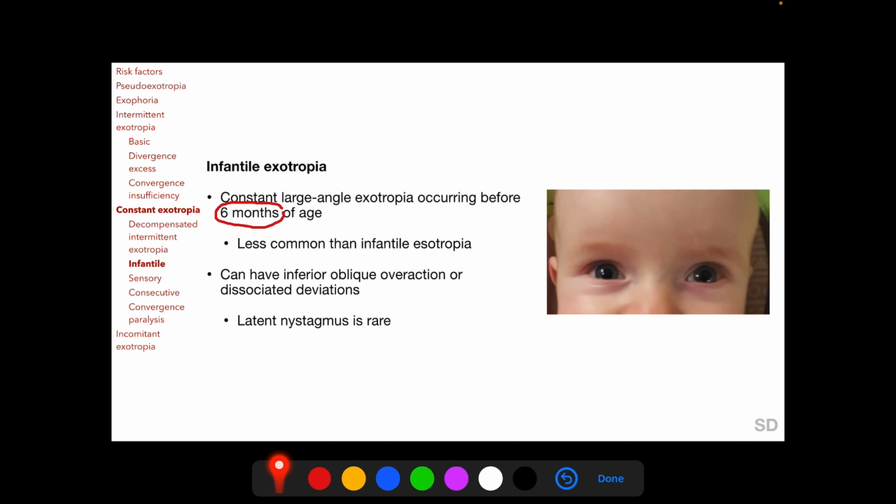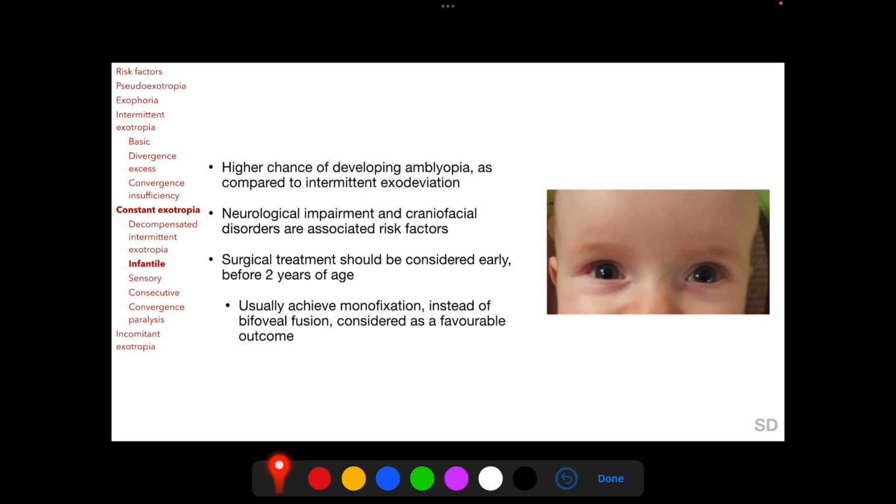Like infantile esotropia, infantile exotropia patients can have inferior oblique overactions or dissociated deviations, but latent nystagmus is uncommon in patients with infantile exotropia. Patient with an infantile exotropia has a higher chance of developing amblyopia as compared to a patient with intermittent exotropia because of the constant nature of infantile exotropia.